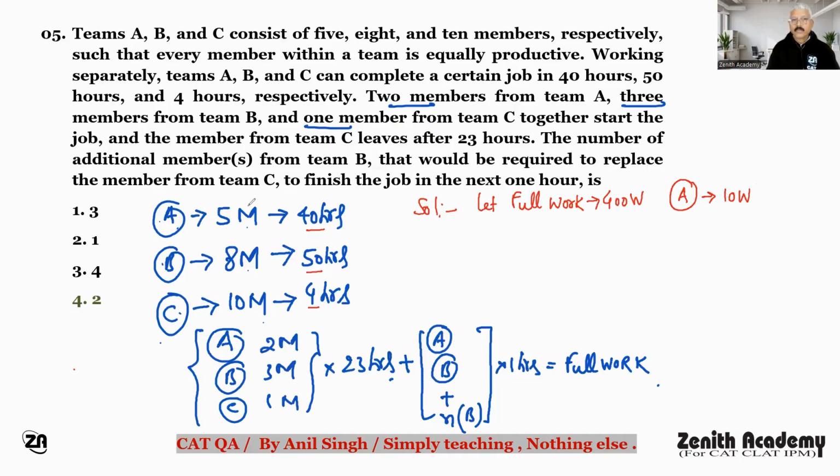In team A, there are 5 members. So in team A, one member does 2 work every hour.